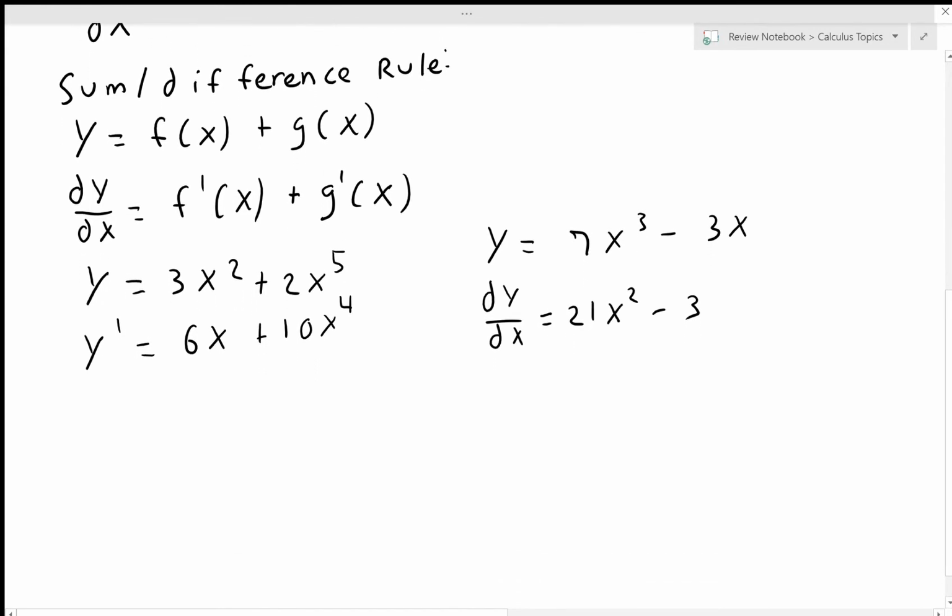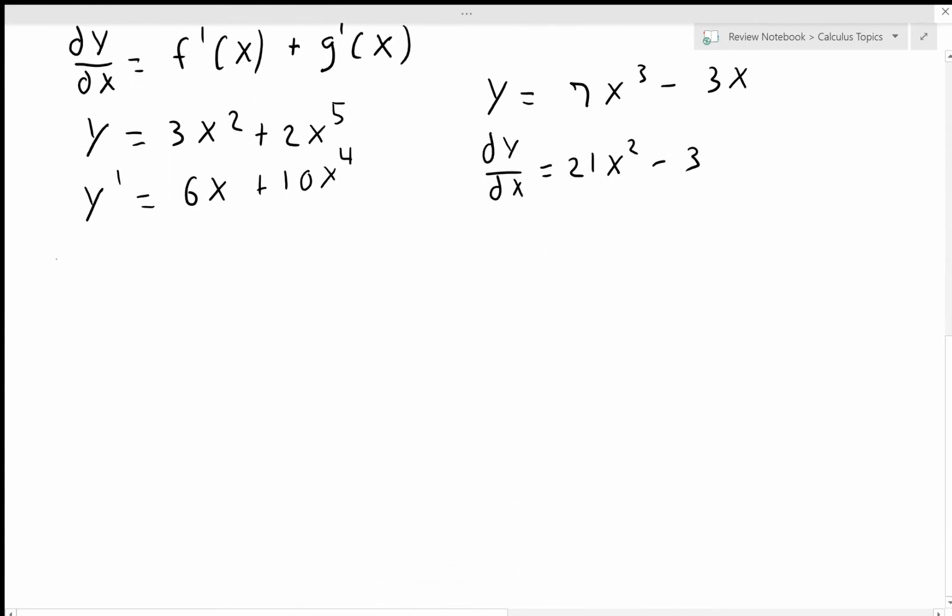Okay, so now we're going on to the product rule.